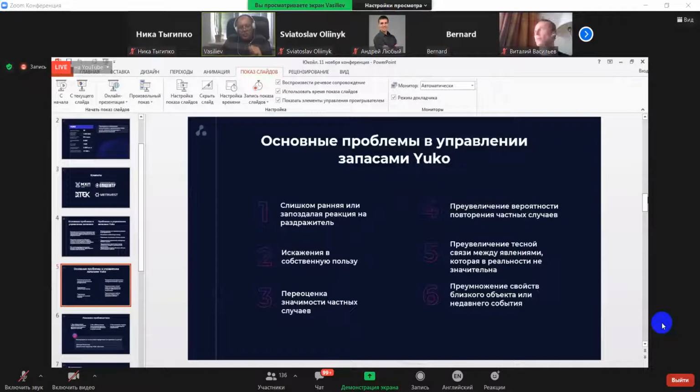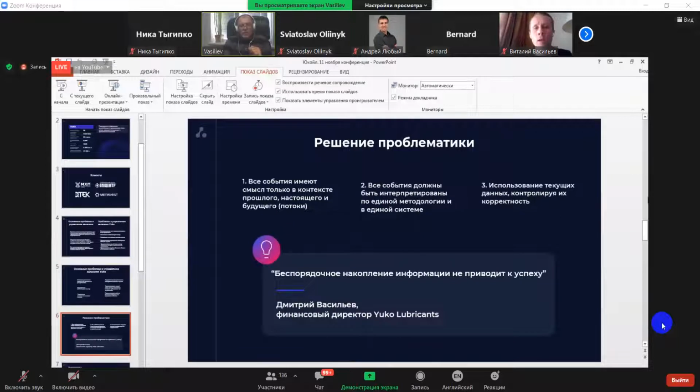We chose the methodology DDMRP as the most intuitive and understandable system that didn't require from us any additional information we were not used to. So everything that we needed, we had already in terms of information. We needed only to guarantee the rightness and the structural implementation of this information.